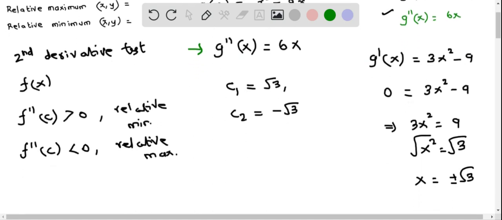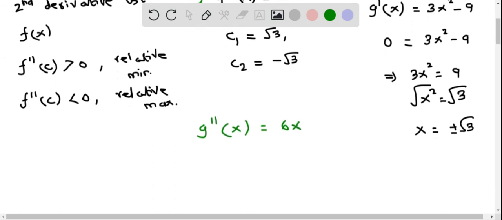Let me copy the second derivative here, g double prime of x equals 6x. I'm going to consider each critical point one by one. First, the critical point c1 equals root 3. I plug it in place of x, so g double prime of root 3 equals 6 times root 3.